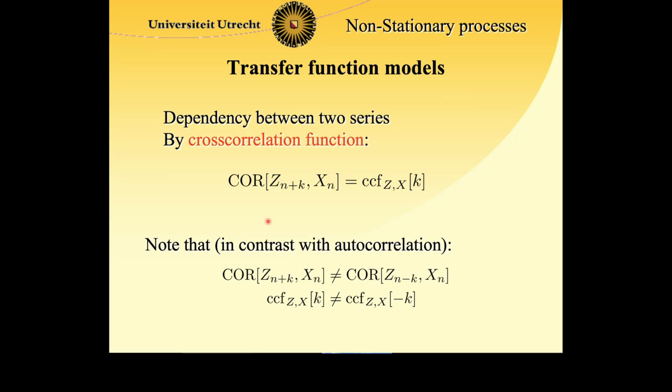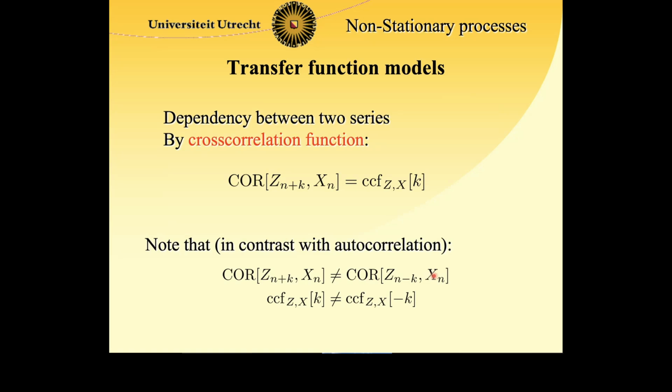Now the dependency between X and Z depends on the cross correlation function. In contrast to the autocorrelation, this is not an even function, in the sense that it's not symmetrical. It means that the correlation between Zn plus k and x is not the same as the correlation between Zn minus k and x.